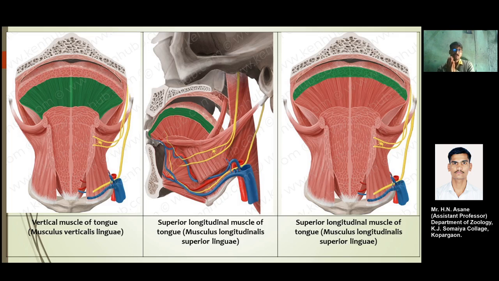You can see the long length of these superior longitudinal muscles. These muscles grab and pull backward to shorten the length of the organ. In the third picture, this is the frontal view of the superior longitudinal muscles of the tongue, and you can see the length of those muscles.